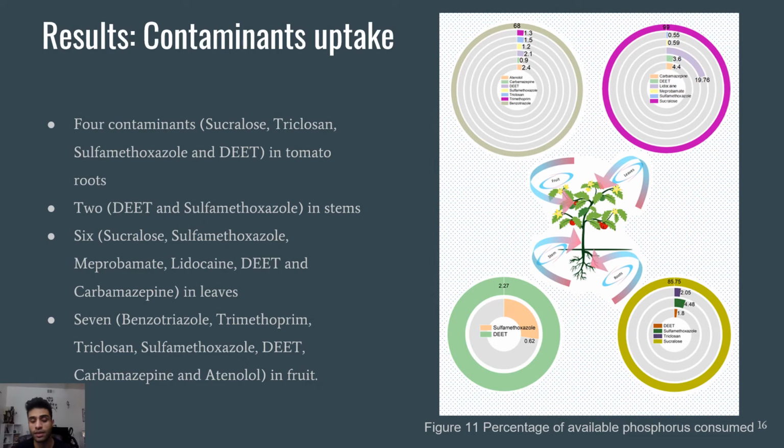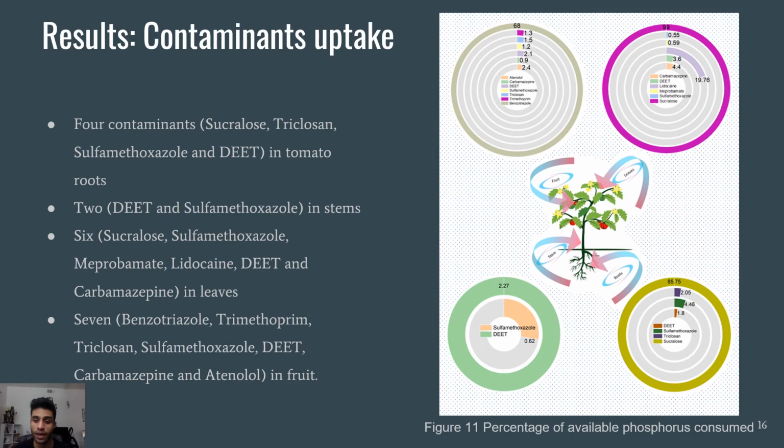And these are the results that we obtain from LCMS. Basically, it shows us the concentration of specific contaminants in each structure of the plant, and these are the results that actually address our question.